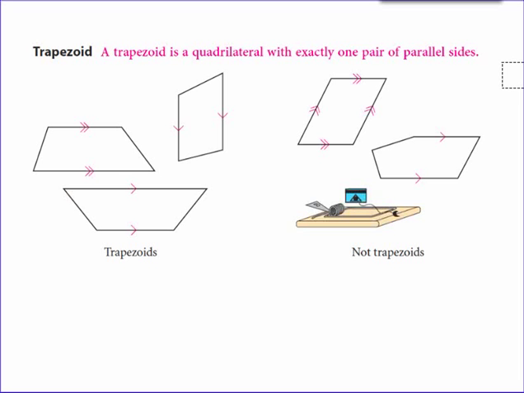So if you were going to write this definition down, you'd put trapezoid, and then you could abbreviate quadrilateral, you could put quad, and just put quad with exactly one pair of, and then abbreviate parallel. So let's not make you write a ton of extra stuff, but you abbreviate quadrilateral as quad with exactly one pair of parallel sides.